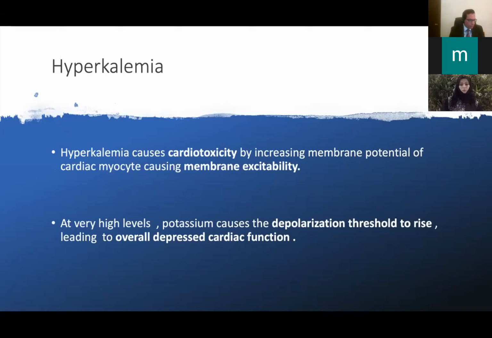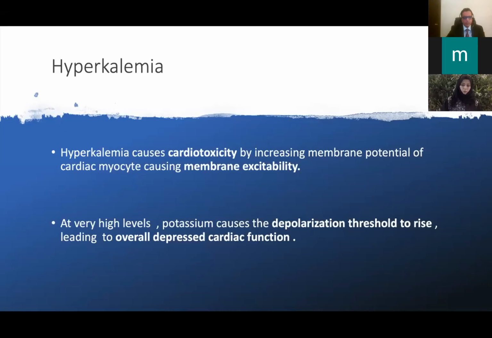And here is the worrisome part of hyperkalemia. Initially, in the early phases, hyperkalemia can cause cardiac toxicity by increasing the membrane potential of cardiac myocytes. So initially, the heart will be excited. It will increase the excitability and decrease the threshold for any risky arrhythmias.